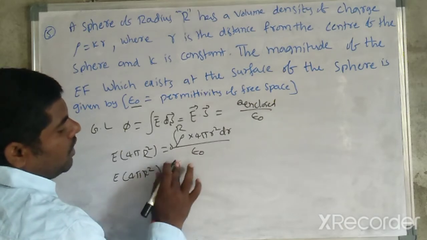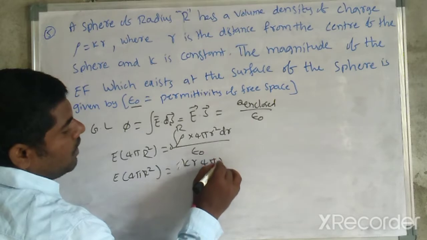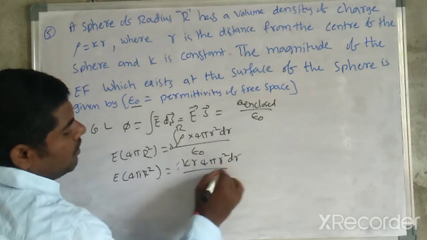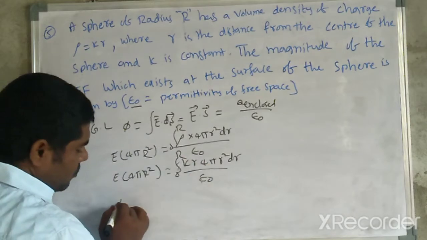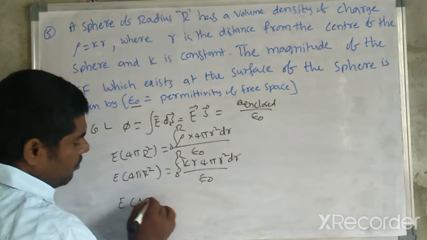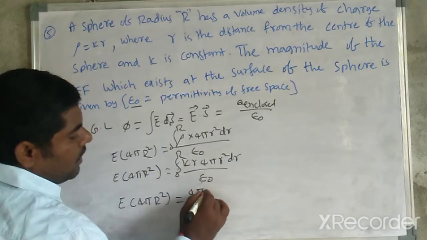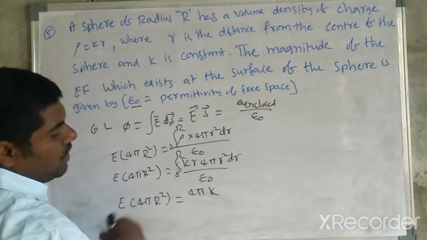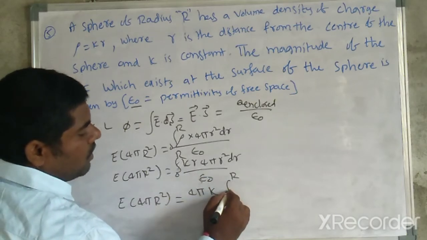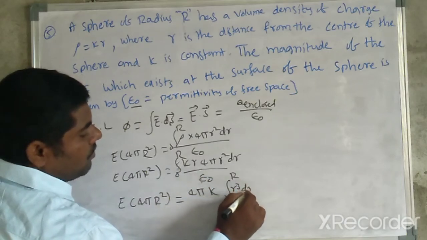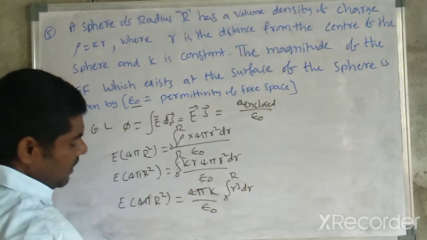So the rho value is nothing but k into small r into 4 pi r square dr divided by epsilon naught, integral 0 to r. So electric field into 4 pi capital R square is equal to 4 pi k, you may write out of the integral because it is constant, 0 to capital R, r cube into dr divided by epsilon naught. 4 pi gets cancelled.